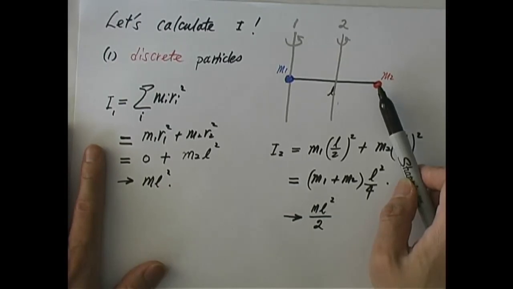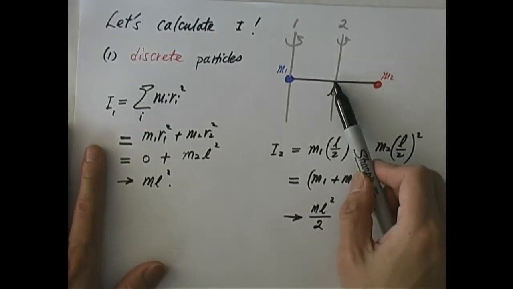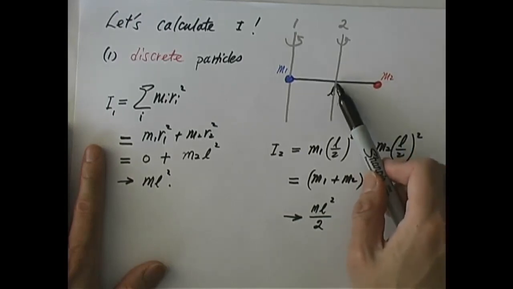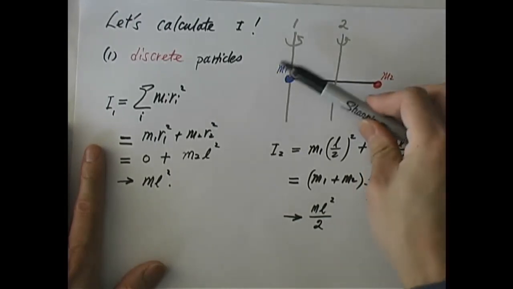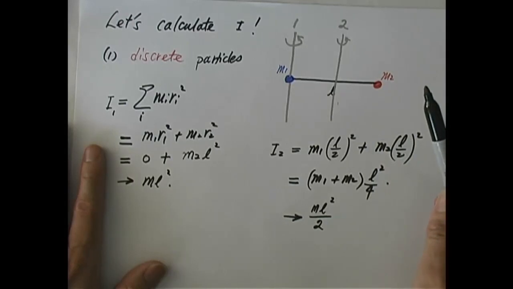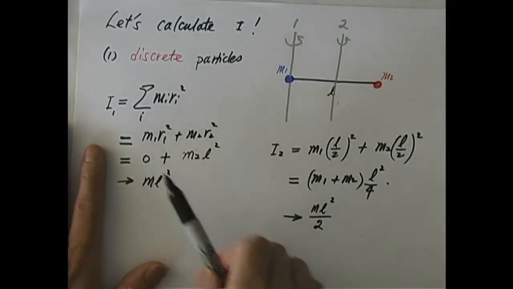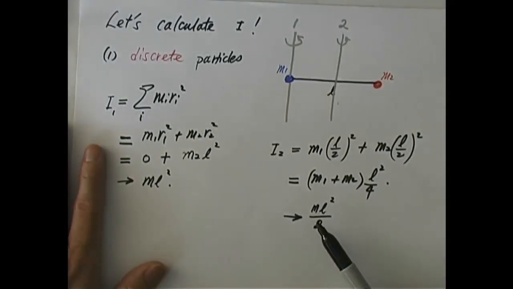On the other hand, if you put the axis in the middle, then these particles are, on average, closer to the axis of rotation. So even though they have the same omega, they do not have the same amount of kinetic energy because the linear speed is relatively small. That is why, qualitatively, I1 is greater than I2.